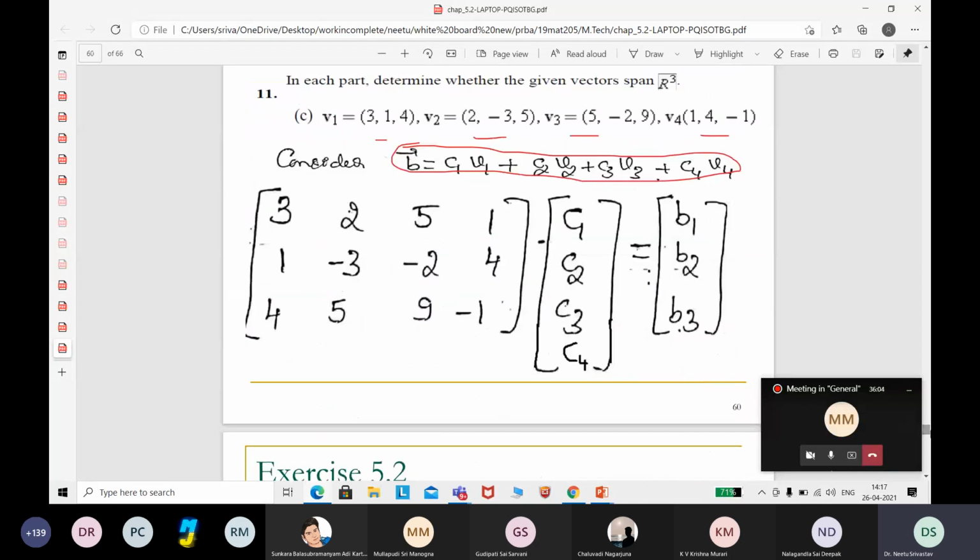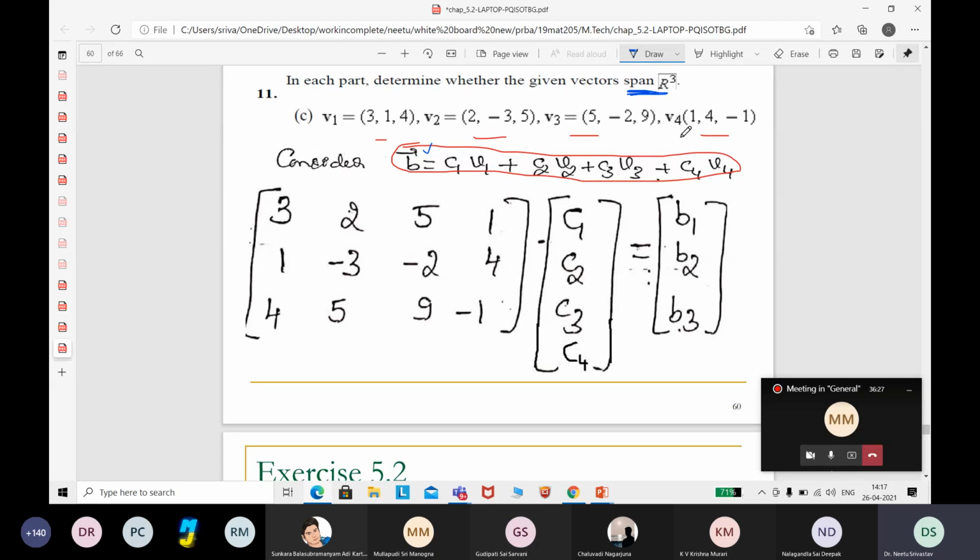Yeah. Whether this set, just have a look here. V1, V2, V3, V4. This is the set of vectors. Whether it spans R3 or not. So we took the spanning condition is similar. We took the B vector from R3 and we wrote it as a linear combination.